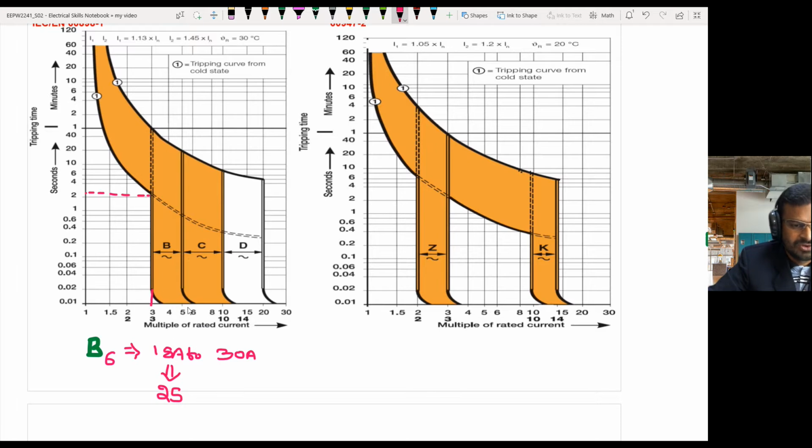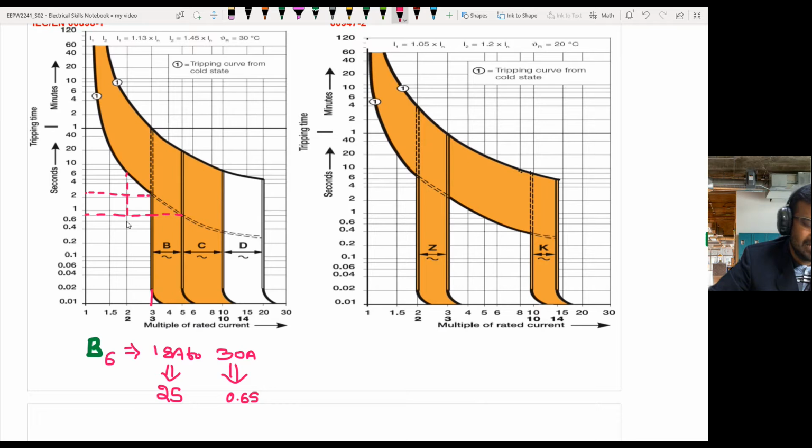And when it is reaching 5IN, the time is reduced to 0.6 seconds.